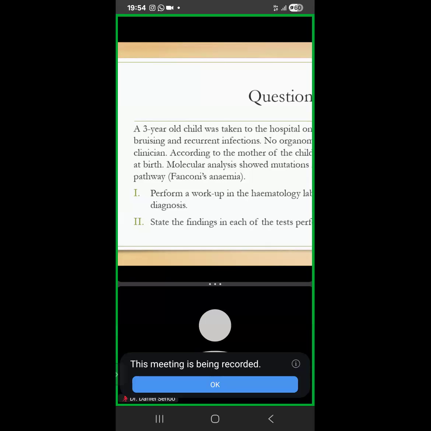Analysis showed mutations in the genes involved in the Fanconi anemia pathway. We have to perform a workup in the hematology laboratory to perform a firm diagnosis. We'll state the findings in each of the tests that we perform. These are the ones called workup. So you have a clinical situation, a hypothetical clinical situation that we want to deal with.